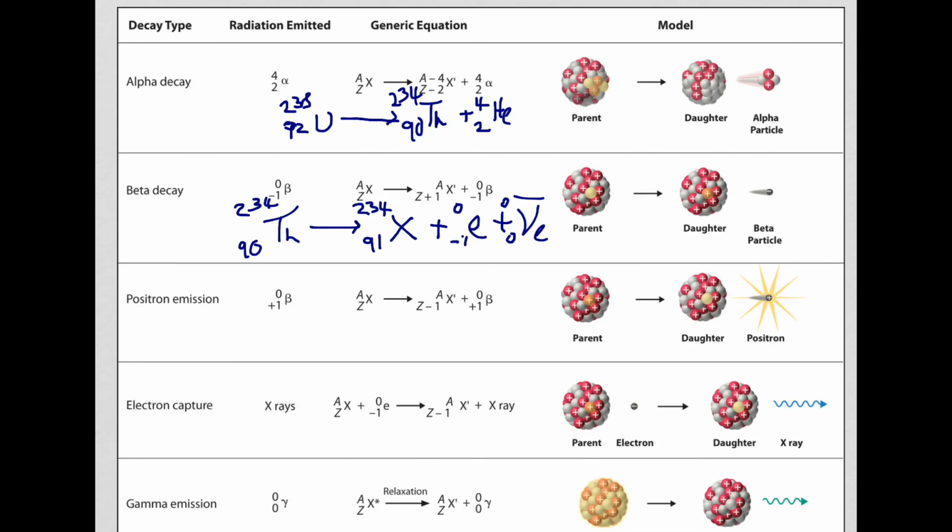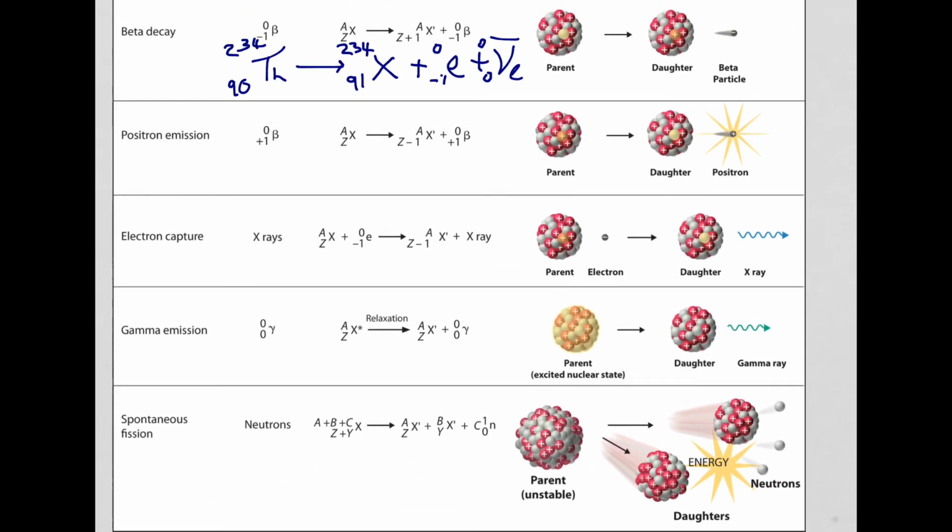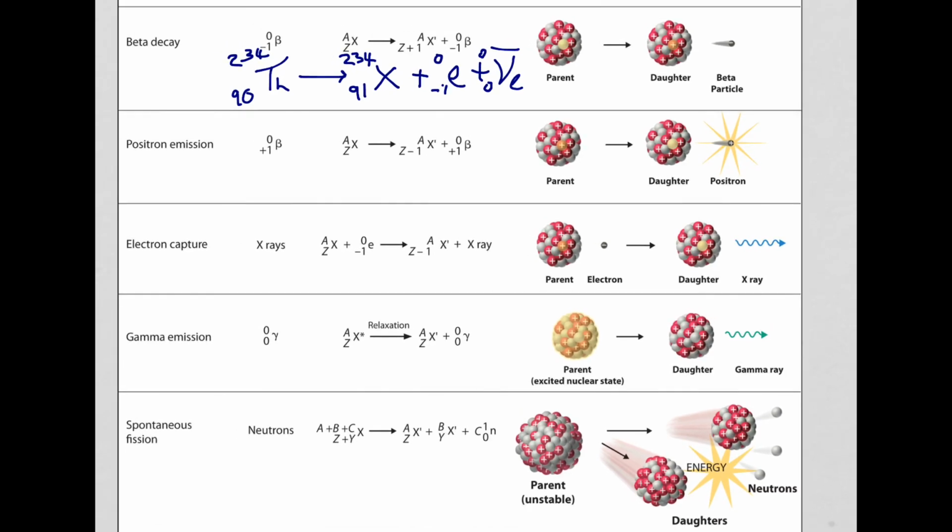The last thing we might choose to look at would be gamma emission, but gamma emission is just a pure emission of energy. It's much less specific. It can happen for several reasons, and therefore it would not change the actual nucleus of the atom. It would just remove some energy, and that comes from an atom in an excited nuclear state, an atom with energy to get rid of.